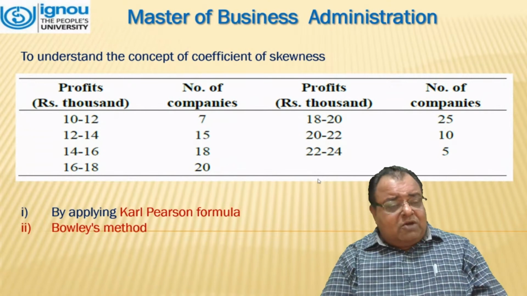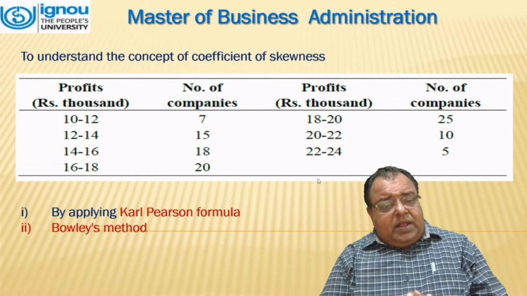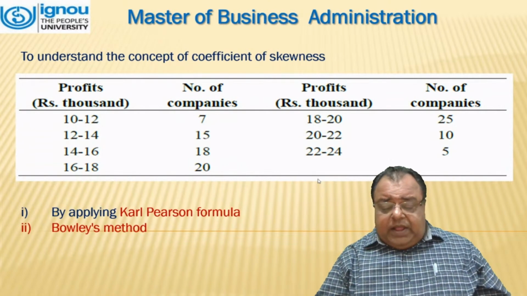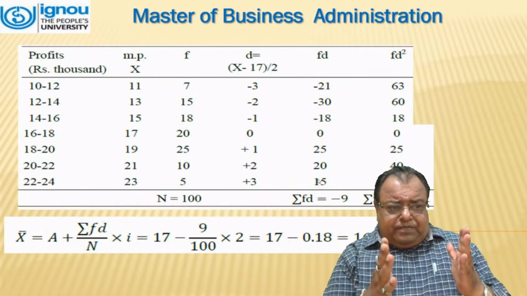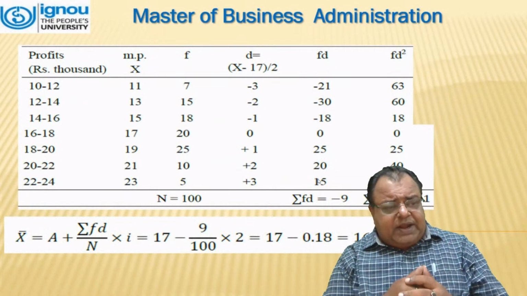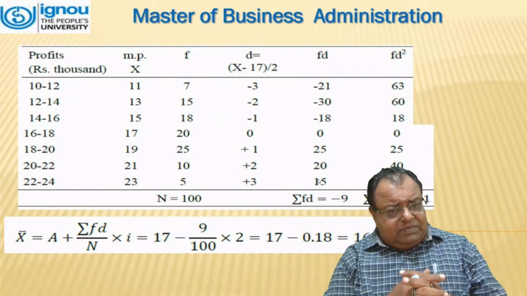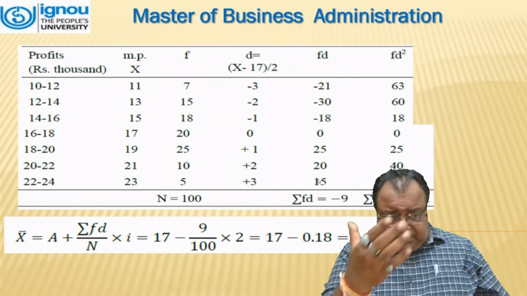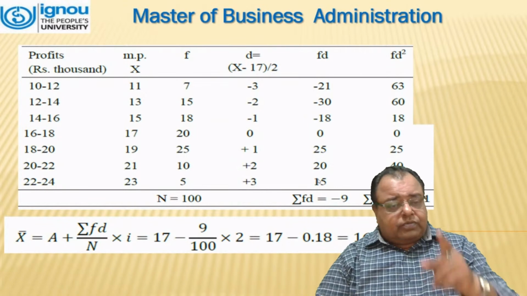We have profit in thousands and the number of companies. So we will convert that information into these columns. That is profit 10 to 12, 12 to 14, till 24.